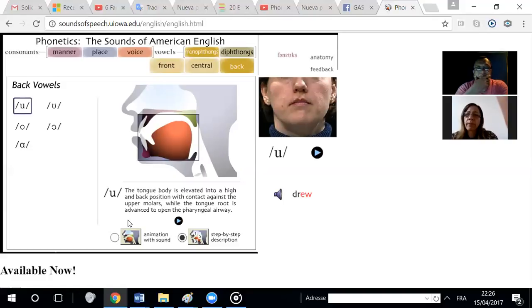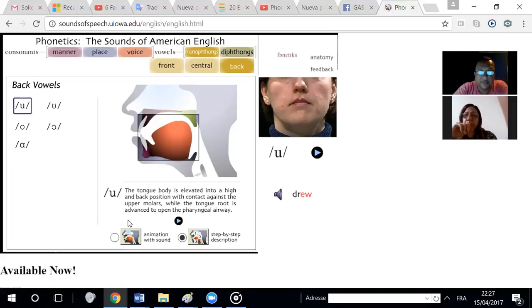Step-by-step description. Ooh, the tongue body is elevated into a high and back position with contact against the upper molars, while the tongue root is advanced to open the pharyngeal airway.